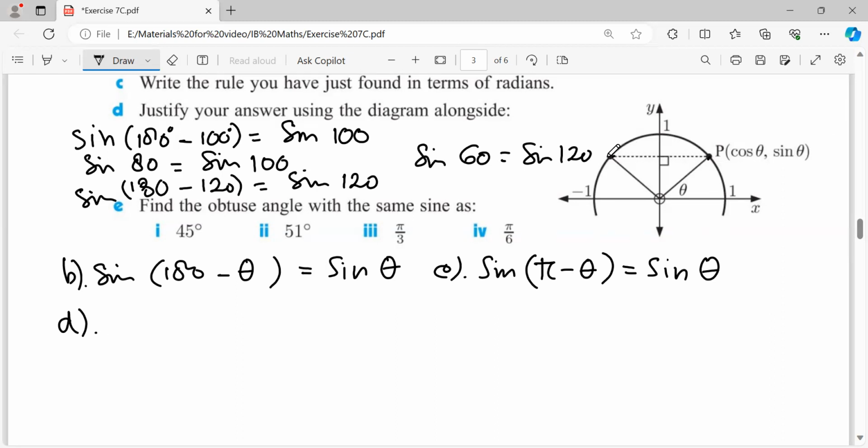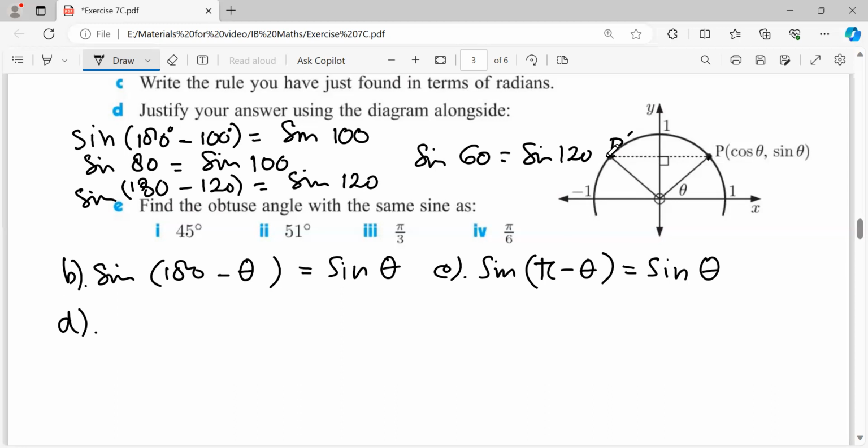So in this reflection, in this coordinate point, I give the name P prime here. In P prime, x becomes negative and y becomes positive.